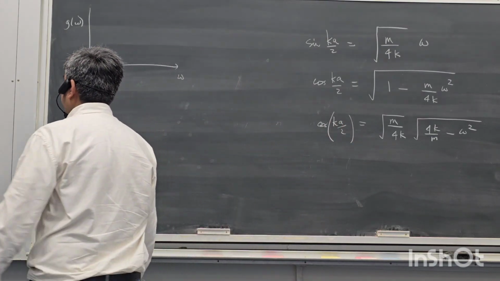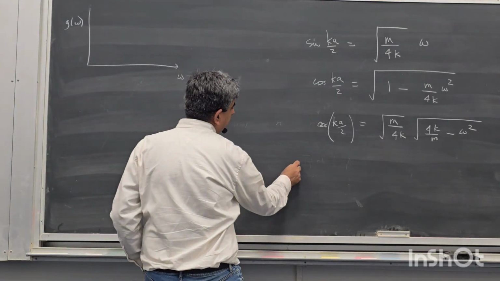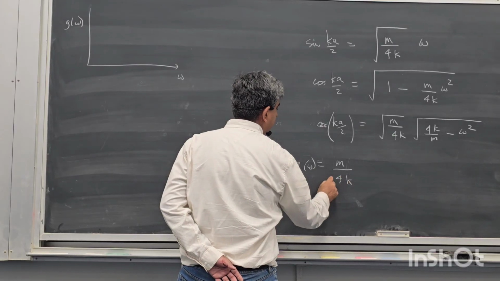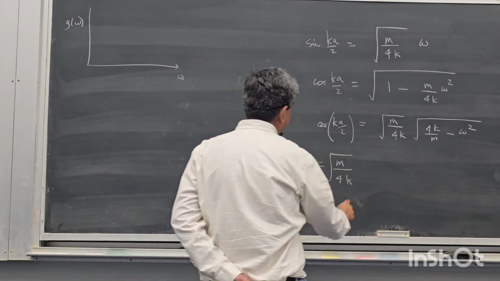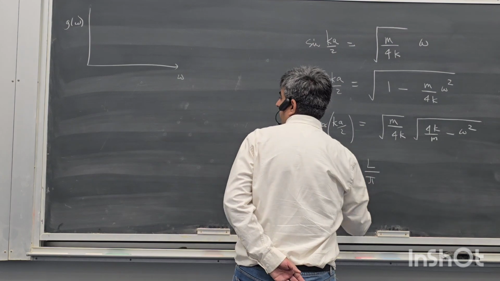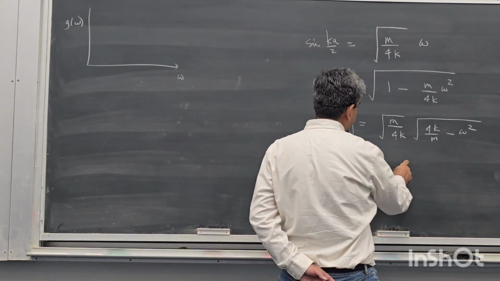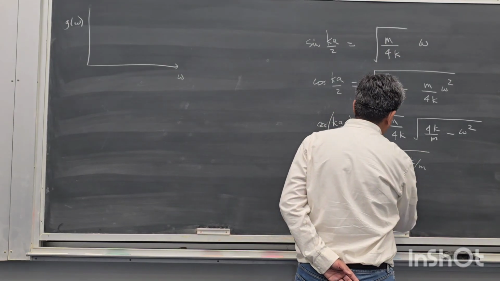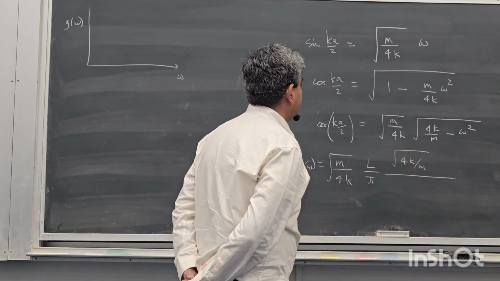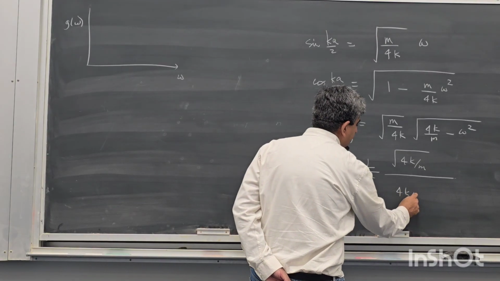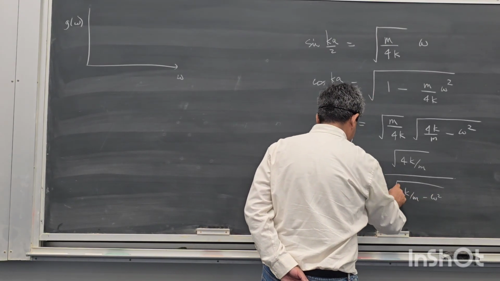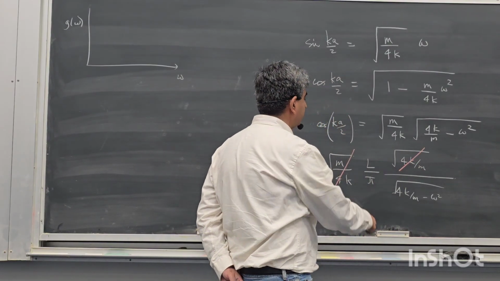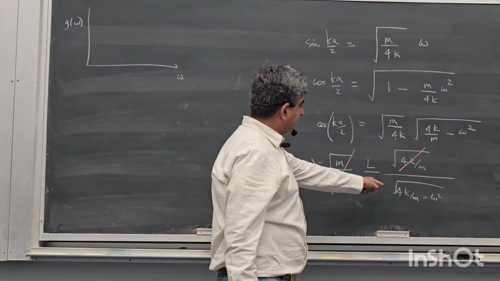Therefore, my g omega here is m over 4k, L over pi, and secant, which is the inverse of this, which will give me 4k over m. So I think this kind of goes away and I'm left with this relationship, L over pi divided by this thing.